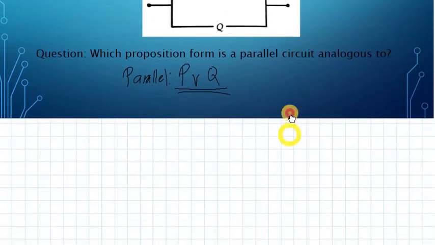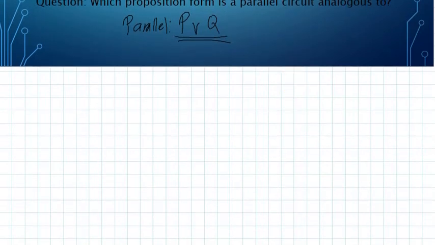Alright, bearing that in mind, these are the ways we can make an analogy between our networks and our propositions. If we have a series network, then we can say that this is analogous to a conjunction.